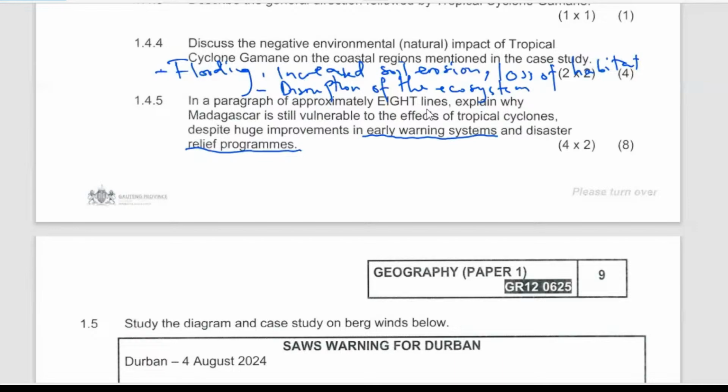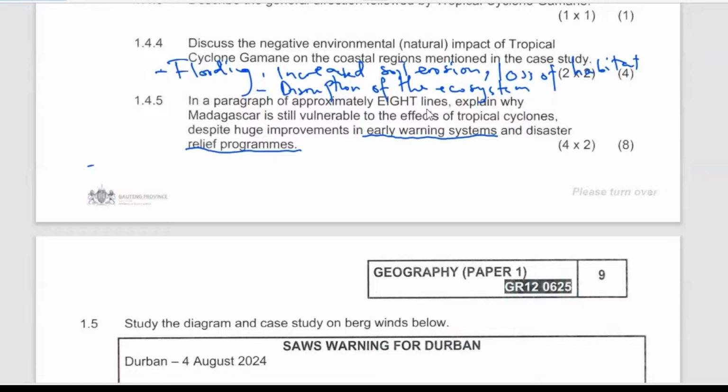We want to identify other factors which are making Madagascar still vulnerable despite those efforts. We know that those are alleviating efforts towards the harmful effects that are caused by tropical cyclones, and Madagascar has furthered itself towards the development of those areas and is still vulnerable to the impacts of those natural disasters. Right.